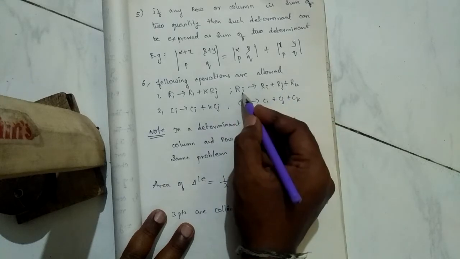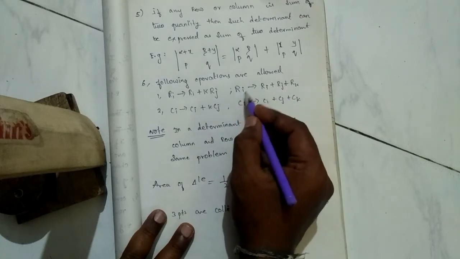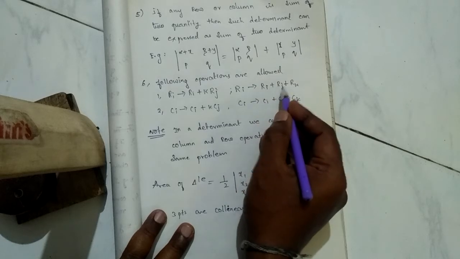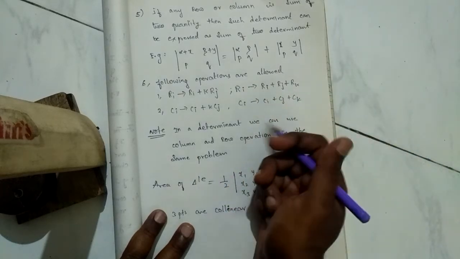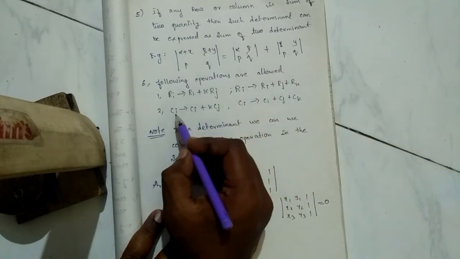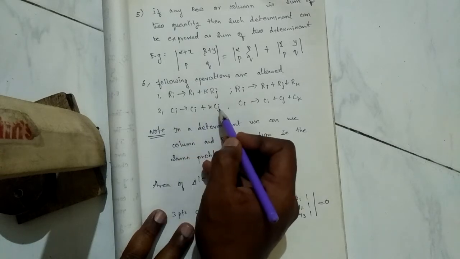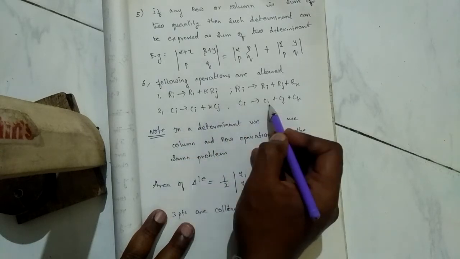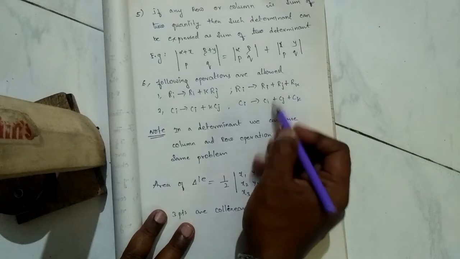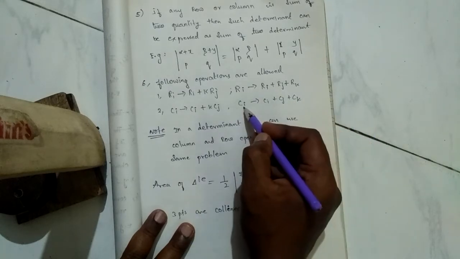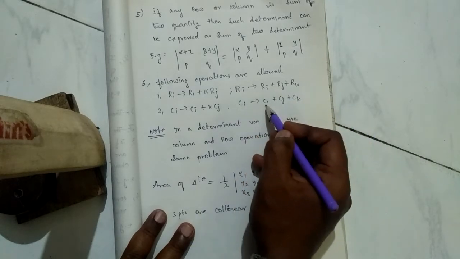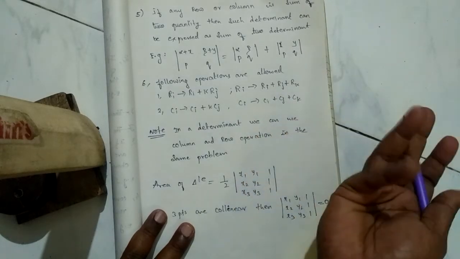That means you can take any one row, Row 1 tends to Row 1 plus Row 2 plus Row 3. You can do that. And column operations are also allowed here. Ci tends to Ci plus K times Cj, or else Ci tends to Ci plus Cj plus Ck. This is also allowed. Column 2 equals column 2 plus column 3 plus column 1, like that also you can do.